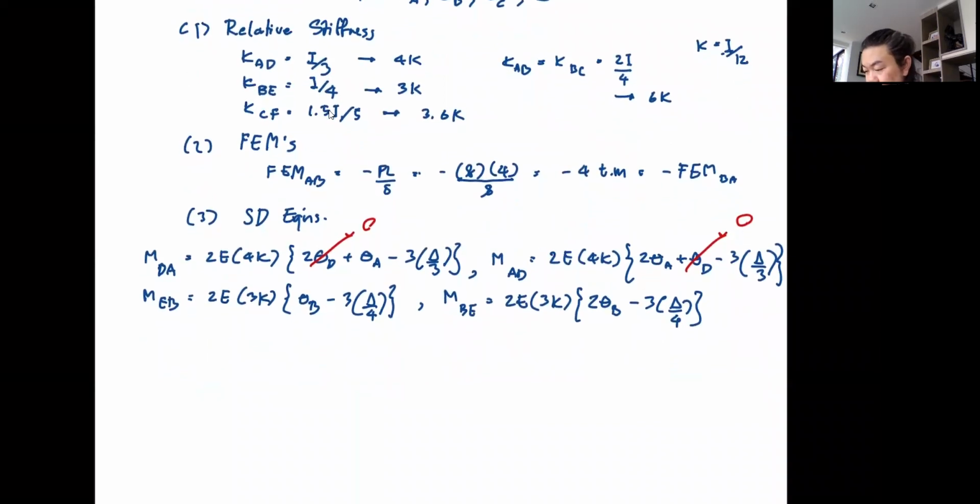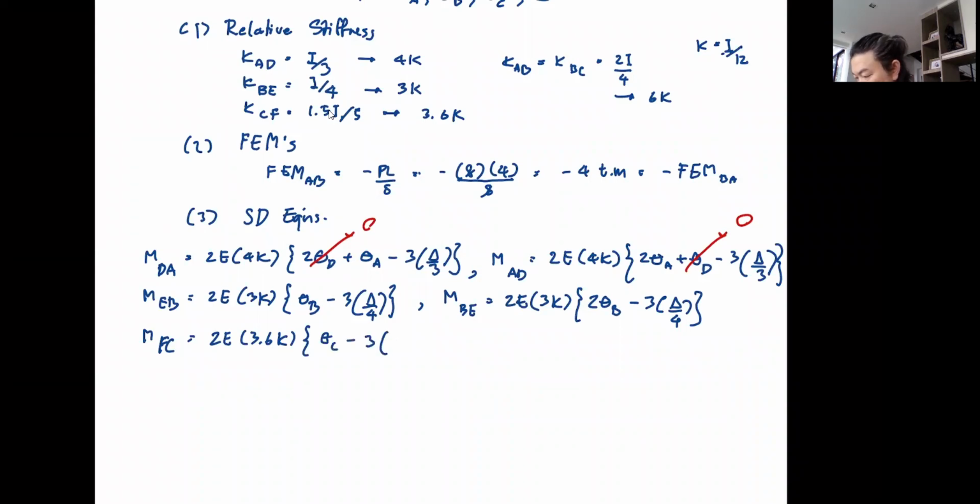Next, FC. So it's 2E, this time is 3.6K. That's going to be 2 theta F is 0, so you have theta C minus 3 psi.